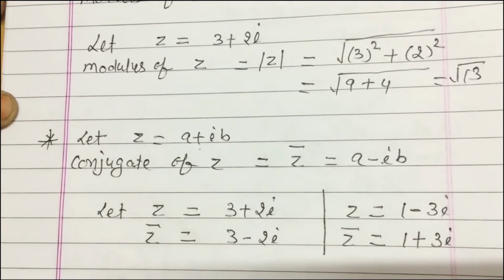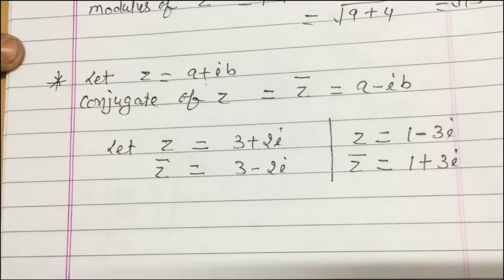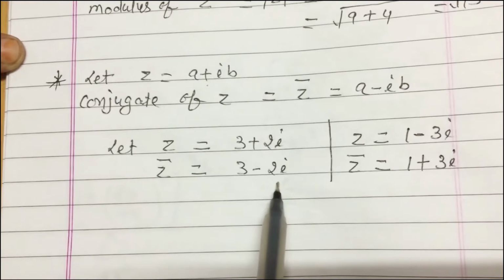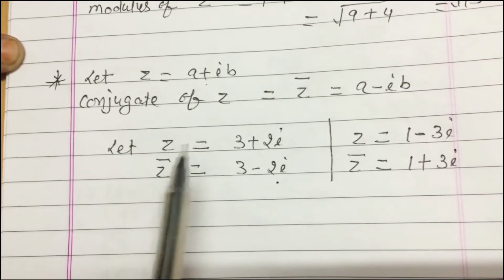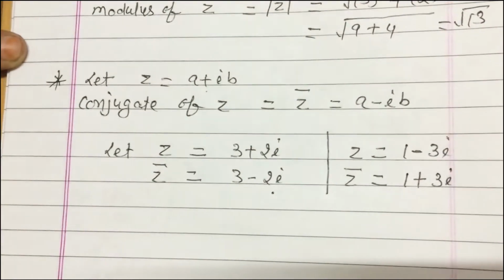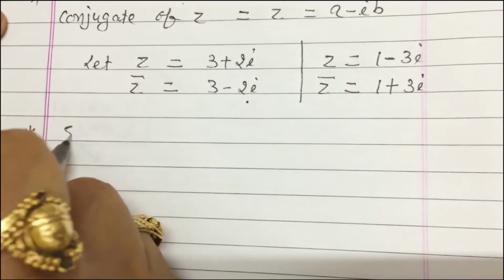Reverse the sign of the imaginary part only. If the imaginary part is not given in the question, then conjugate and z are the same. Now some important results.